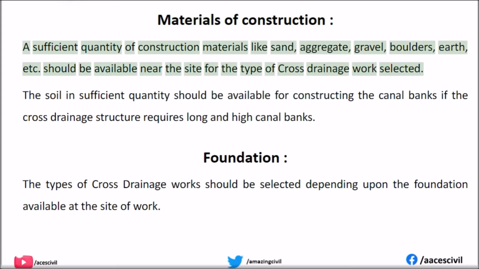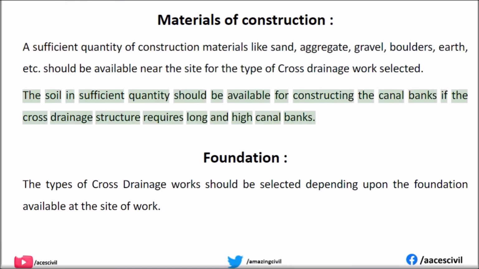A sufficient quantity of construction materials like sand, aggregate, gravel, boulders, earth, etc. should be available near the site for the type of cross-drainage work selected. The soil in sufficient quantity should be available for constructing the canal banks if the cross-drainage structure requires long and high canal banks.